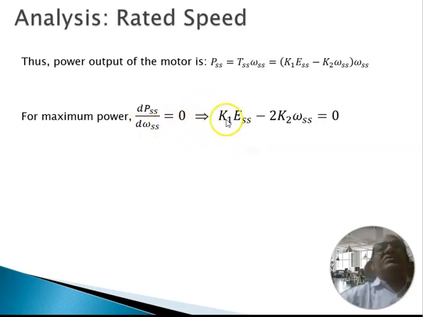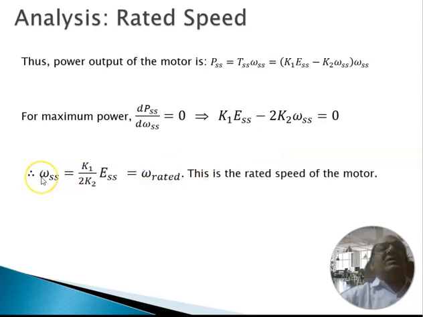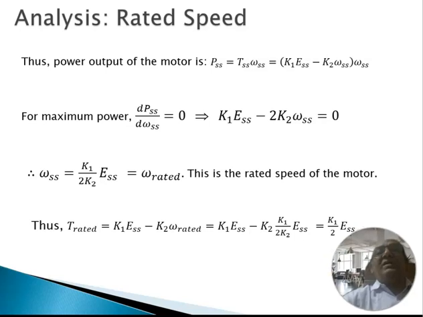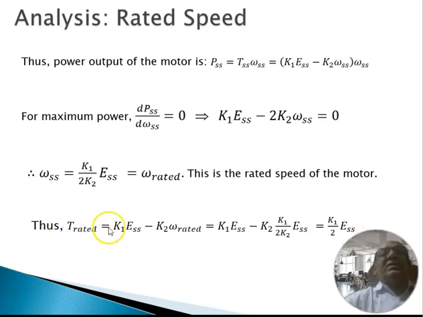When you set this to 0, you get such an equation from which you get the steady state speed for maximum power as given by this. It is this quantity which is called the rated speed, and this is the quantity perhaps that is printed on the nameplate of the motor. At this rated speed, we can find the rated torque, as given over here.